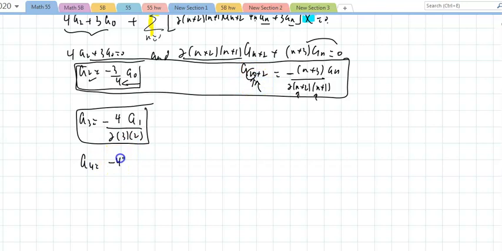I'm sorry, 3 plus 3 isn't that. So a sub 4, put a 2 there. That's a 5 a sub 2 over, if I put a 2 right there and right there, that's 2 times 3 times 2 times 4 times 3.